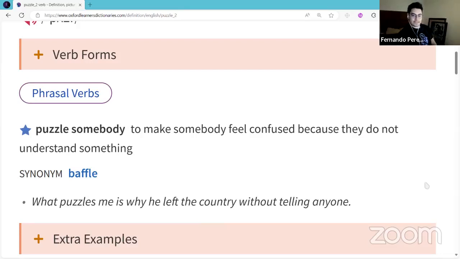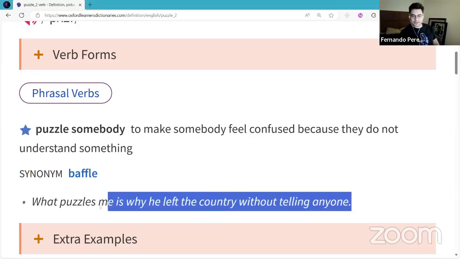That's an example. This situation puzzles this person, which is very similar to confuse. Confuse, confusing, confused. Puzzle, puzzling, puzzled. And it's a synonym.